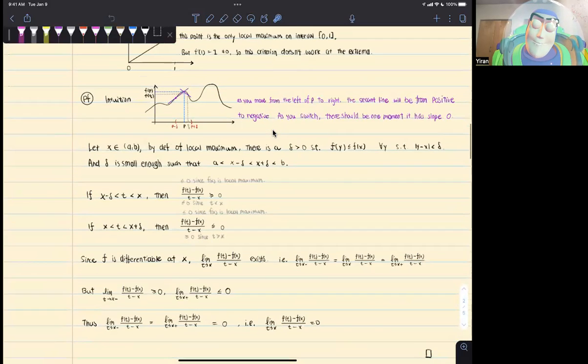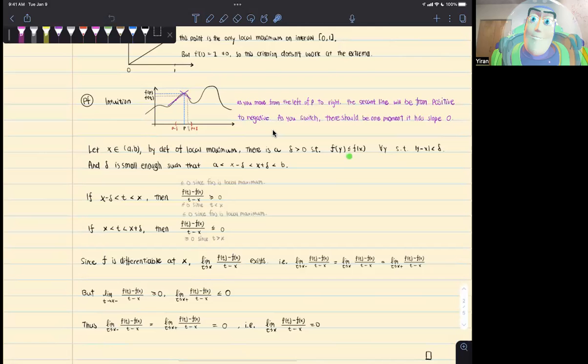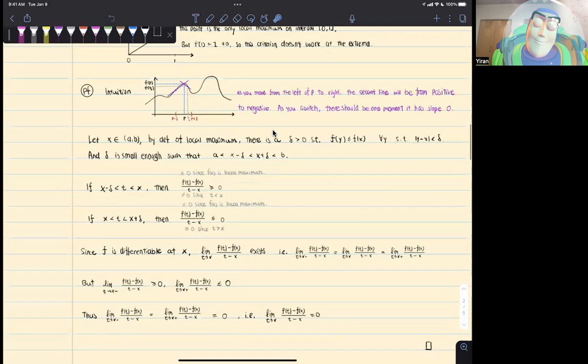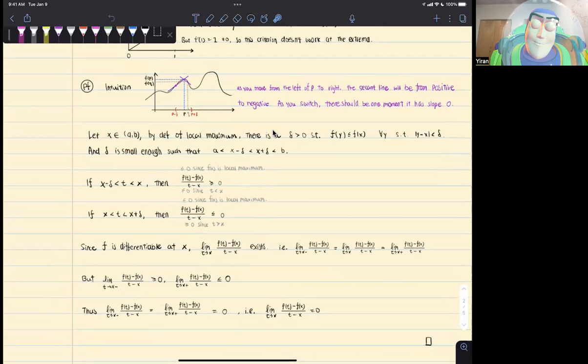So here we let x be the local maximum as our assumption. For every y in the delta neighborhood of x, we have f(y) smaller than or equal to f(x). We also need to make sure that the neighborhood of x is small enough such that it is completely contained in the interval (a, b).